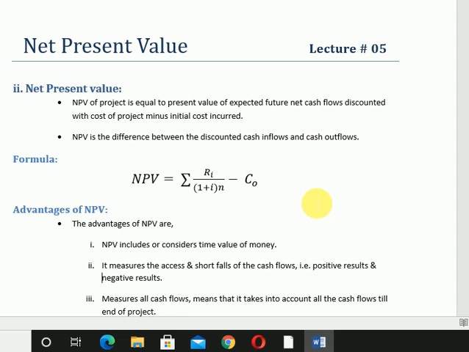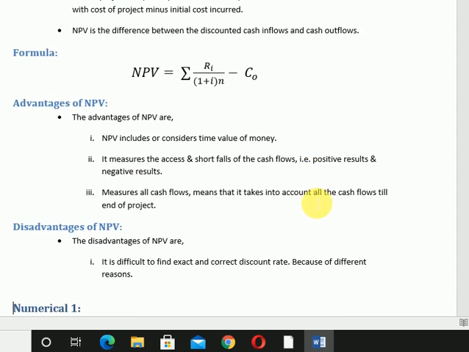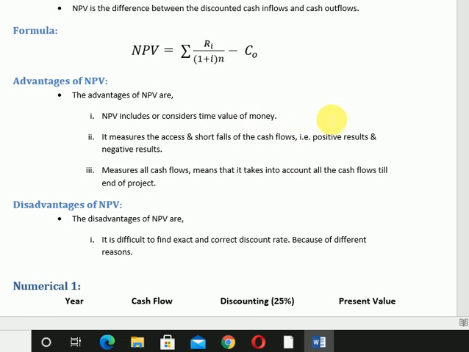Now, what are the advantages and disadvantages of the net present value of the project? The advantage is that net present value includes and considers the time value of money. The time value of money concept says that a dollar you have today is much more powerful than a dollar of tomorrow.